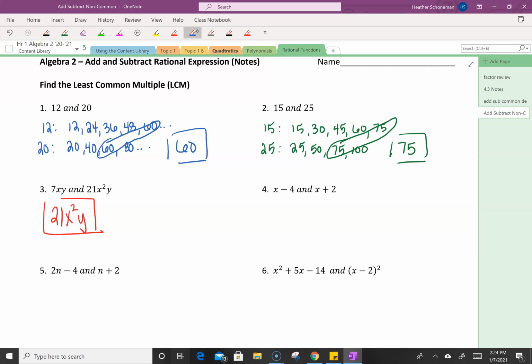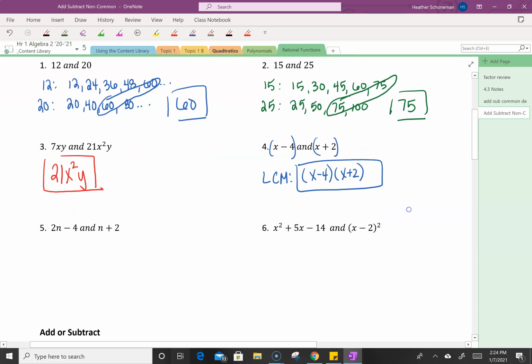Number 4. Now, these are not factors, they're groups because they have plus or minuses, so they each represent one thing. For the least common multiple, everything has to be represented, so it's going to be x minus 4 times x plus 2. This whole thing is the least common multiple. Number 5, before we figure out the least common multiple, everything has to be factored, and this first term can be factored.